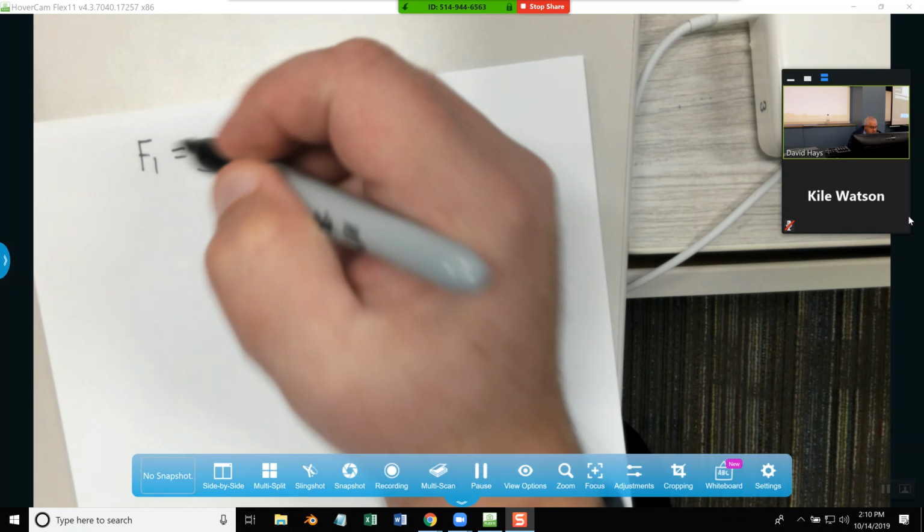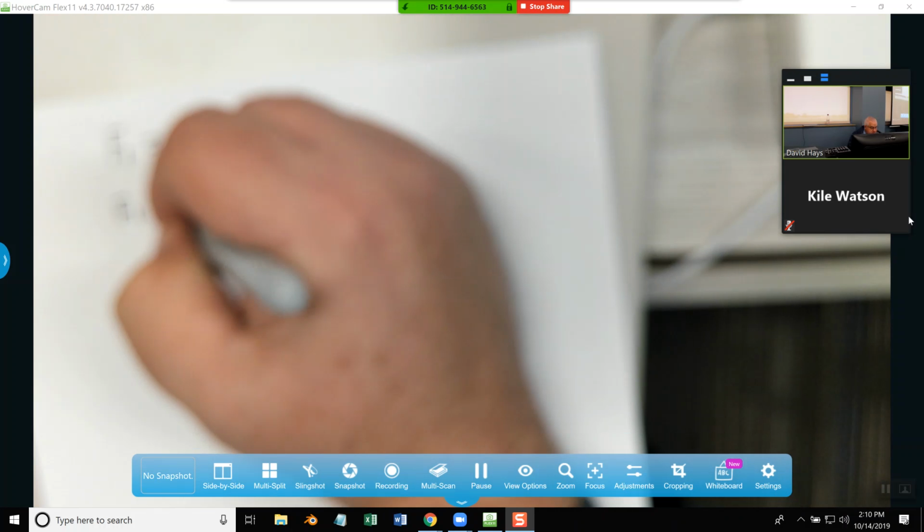And then going back to the previous page, they tell us T2 is ABC.